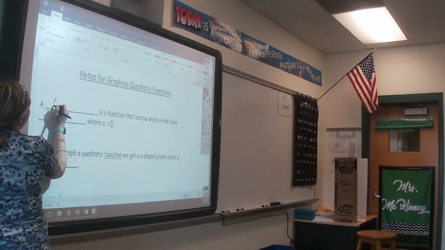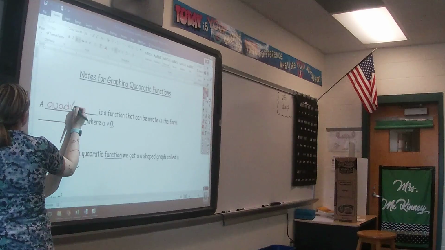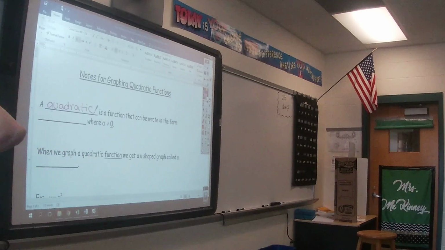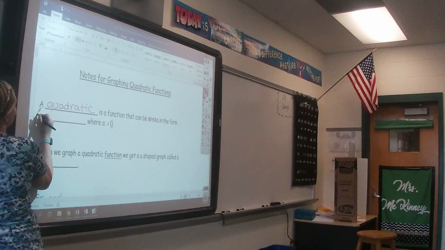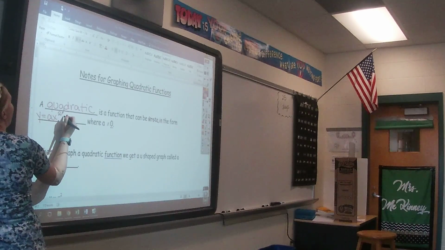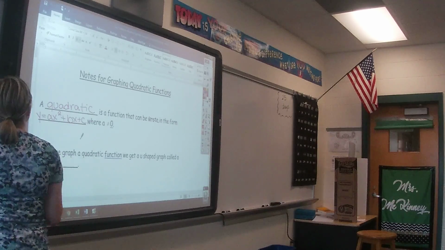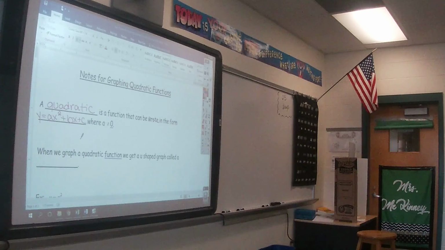Okay, so a quadratic is a function that can be written in the form y = ax² + bx + c. Hopefully we're all like, oh yeah, duh. We've been dealing with quadratics for a while now.